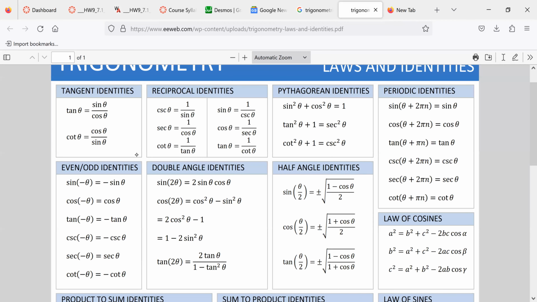Solve for cosine squared, what do you get? 1 minus sine squared. Yeah, solve for it, you get this. This kind of looks like the bottom, doesn't it? So will it then just cancel out and be 1?